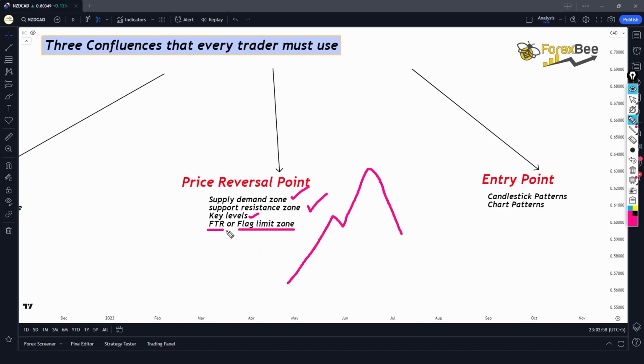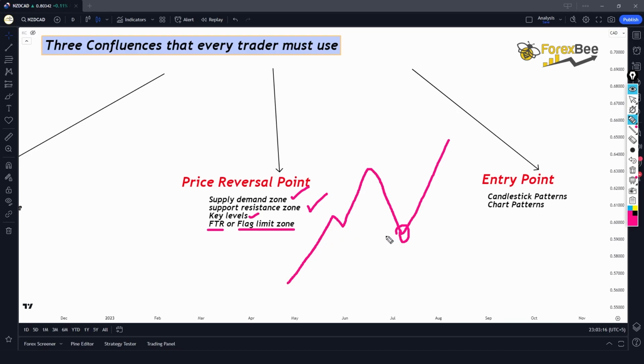Now we want to decide which point is going to be the reversal point, because if we want to take a bullish trade, the market must move in the upward direction again. So we have to identify what point this is going to be.